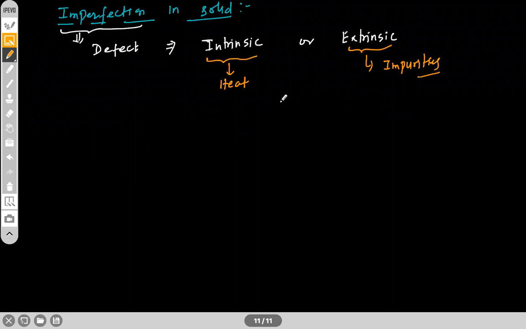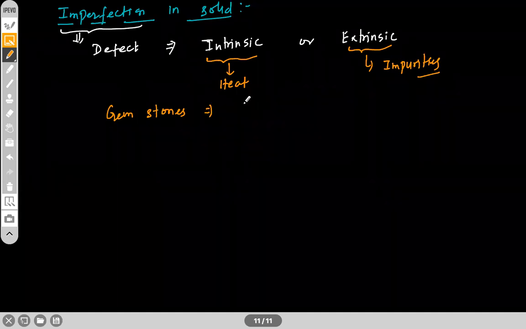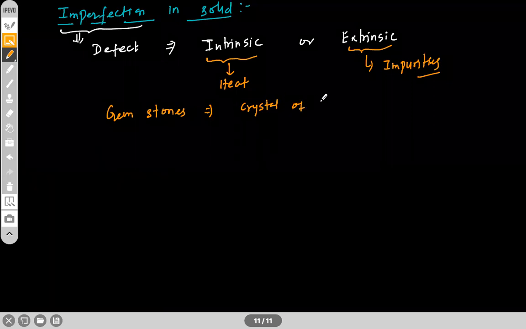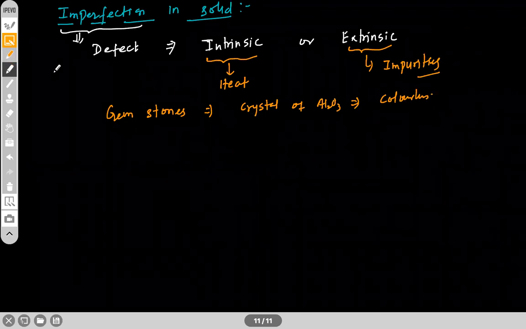for example, if I tell you gemstones, it is the crystal of Al2O3, and it is colorless. Crystal of Al2O3 and gemstone is colorless, right?